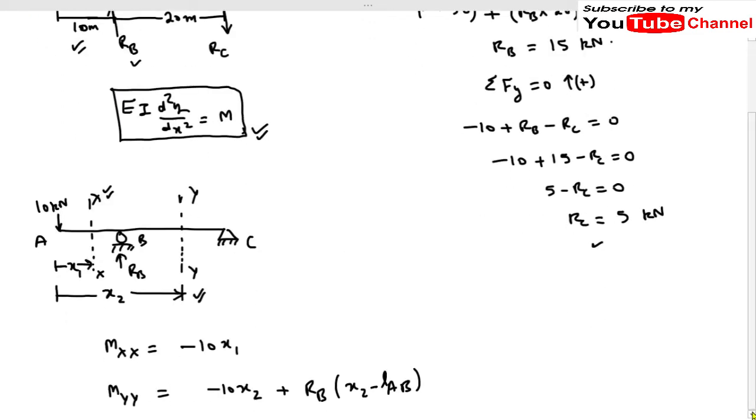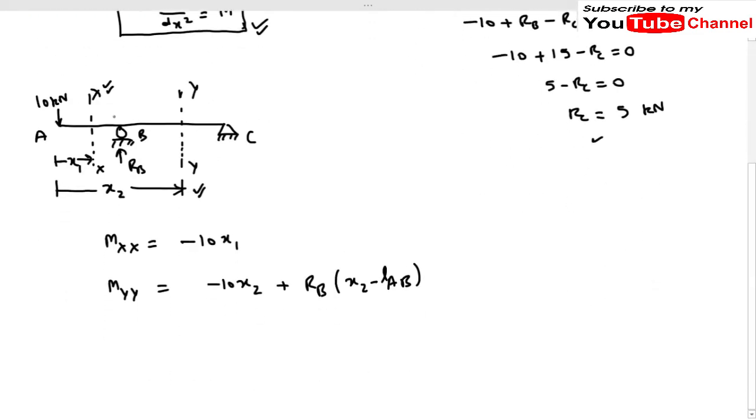Because when we are writing the moment, we have to take the distance between the force and the section. So this is the distance we are talking about, x2 minus LAB, and the value of LAB is 10 meters.